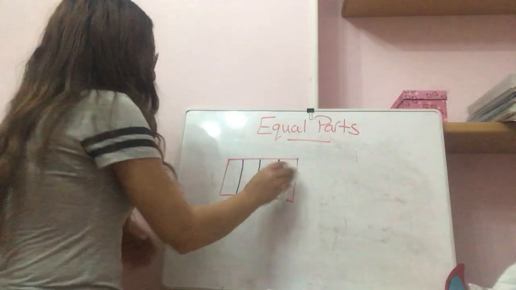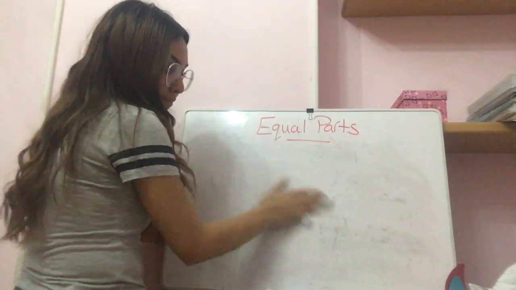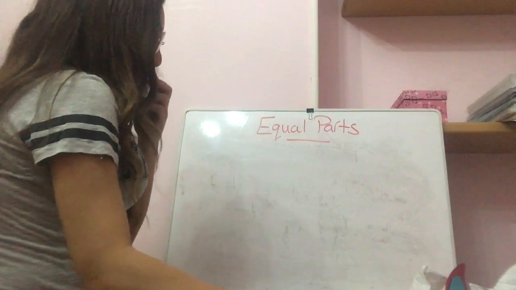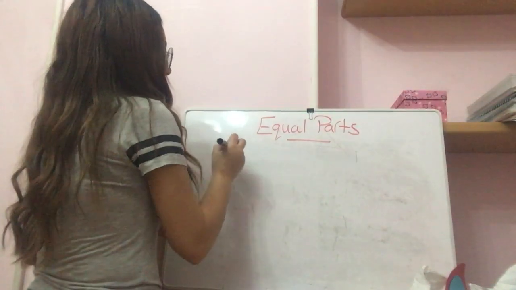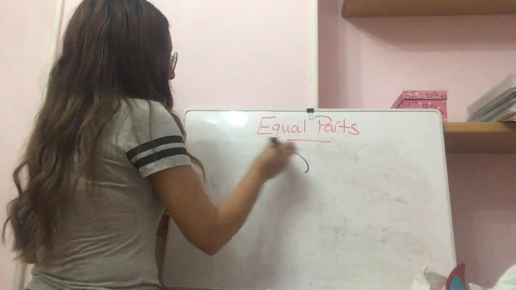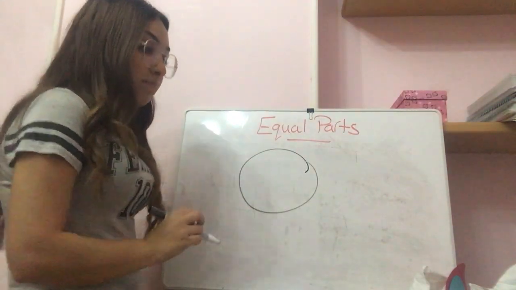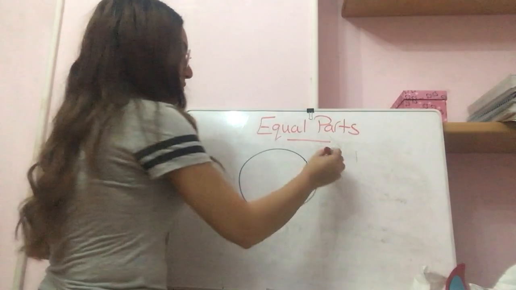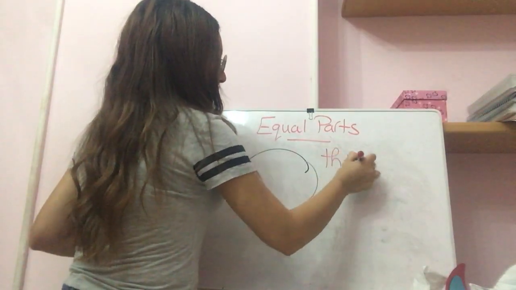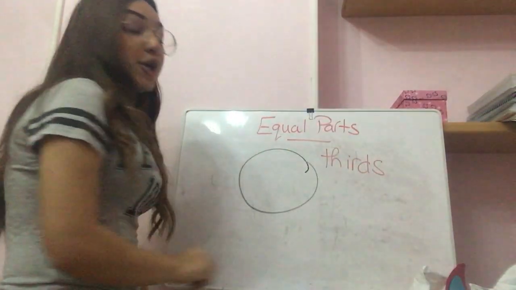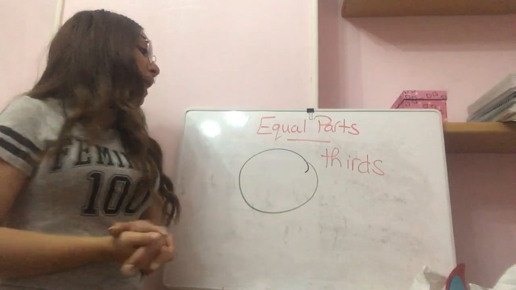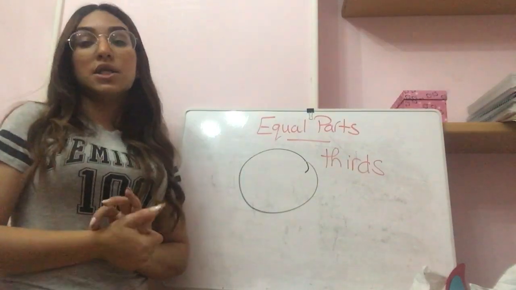Let me show you another example. If I have this circle and I ask you to show me thirds, for example, how are you going to draw, or how can you show me thirds on this circle?